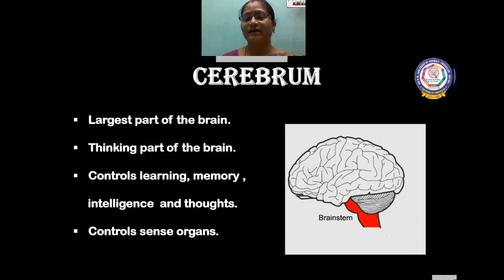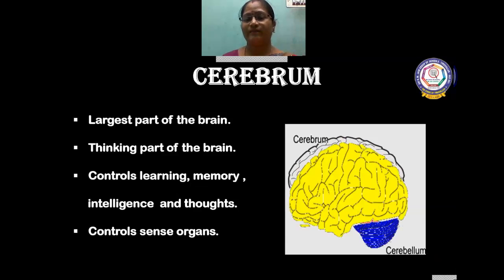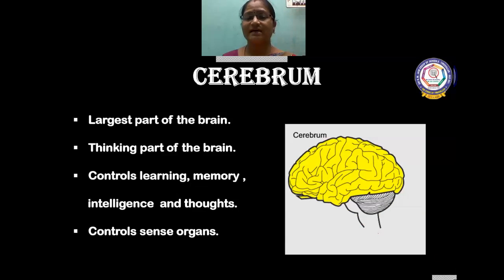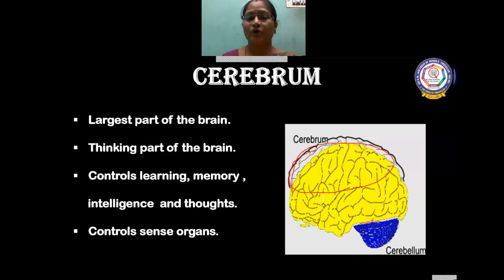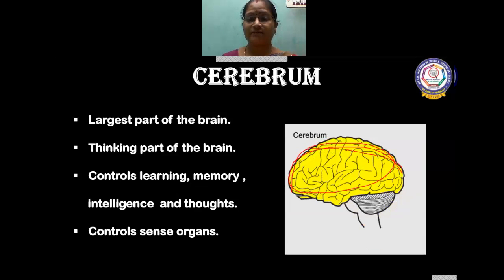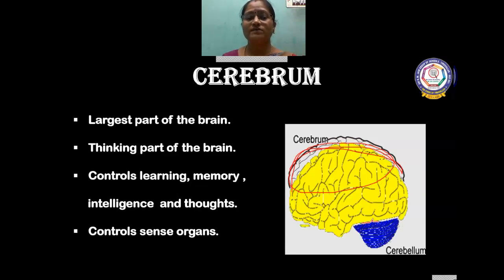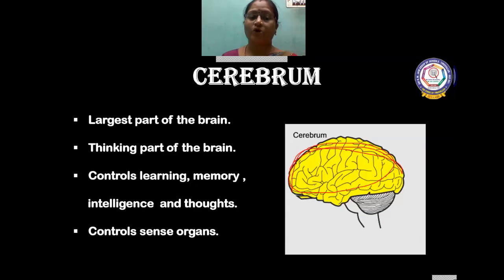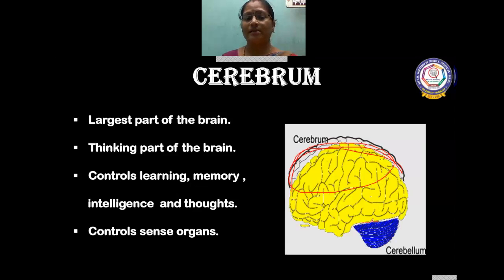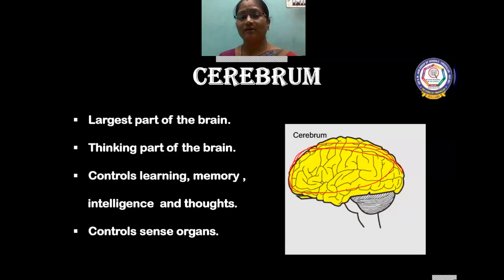Yes, our cerebrum. The cerebrum is the largest part of the brain. It has a dome shaped surface. It controls the working of eyes, ears, nose and tongue. It also controls our voice. It helps us to think, learn, remember and reason out things.